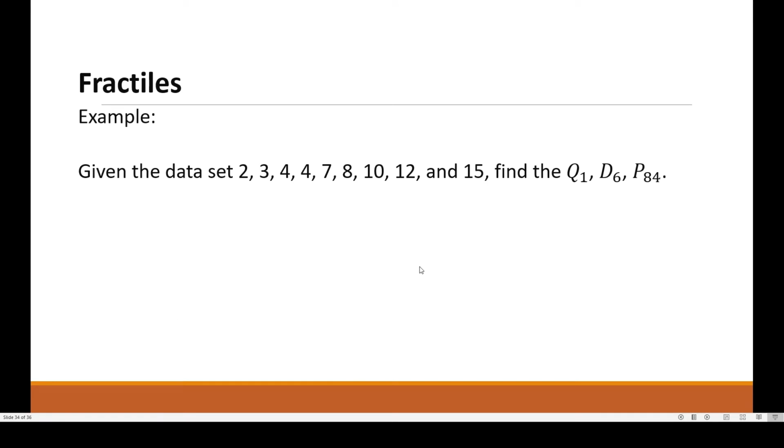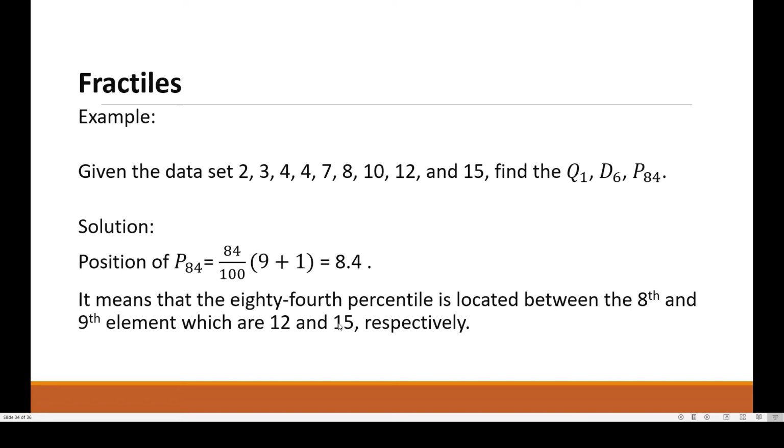Let's proceed with solving the 84th percentile. First, let us solve the position of P84, which is equal to 84 over 100. Why 84? Because we are looking for the 84th percentile, and it's 100 here because percentiles divide the given data set into 100 equal parts. Times 9 plus 1 equals 8.4.